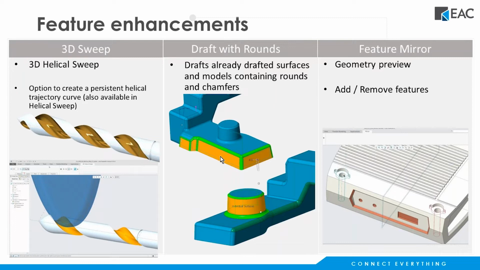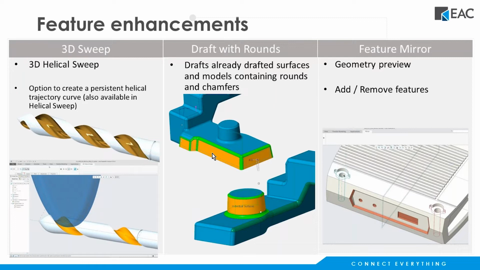The best practice still is to put the draft on first and then the rounds, but sometimes that's not possible. And maybe sometimes you're working with imported geometry, right? You import the geometry, all the rounds are already there anyway, and you still might want to add some draft. You can do that very easily with the draft feature now.